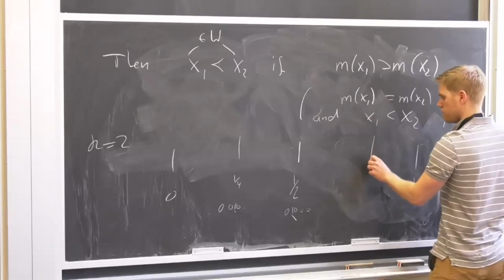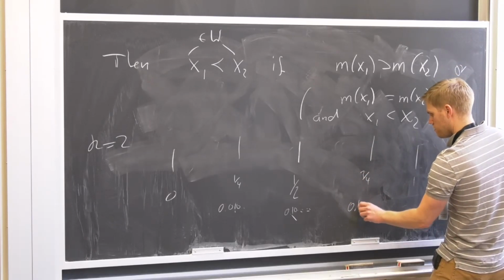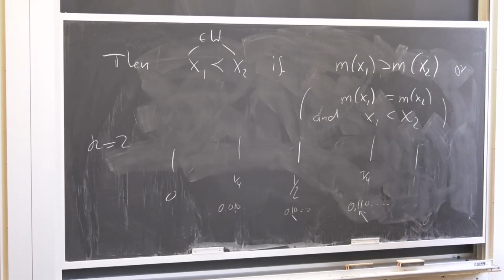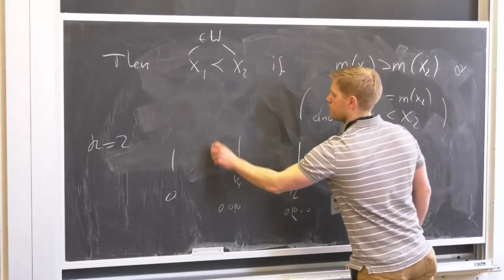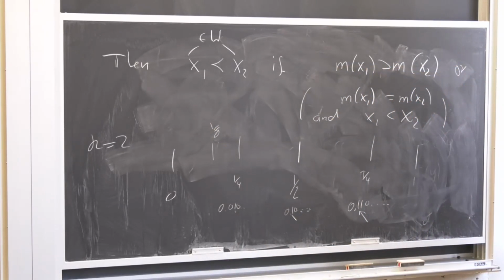Then the next one here is 3/4. So this should be 1, 1, 1. And so here, this is the largest digit again. And then you keep on doing that. And so obviously this gives you an omega order of this.